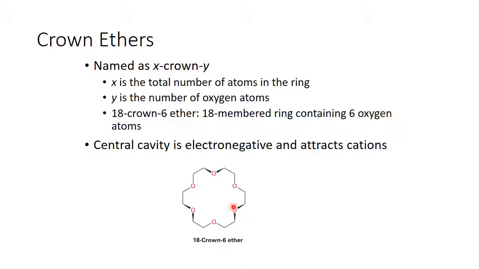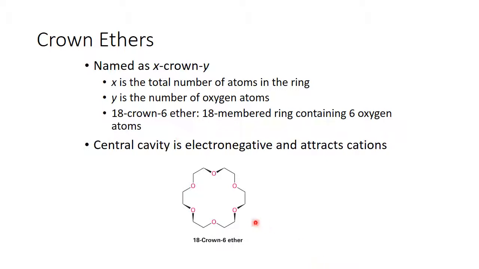And in these crown ethers, the oxygens can all be oriented towards the inside so as to make a little cavity that has a lot of negative charge in there due to the non-bonding pairs on the electronegative oxygens.